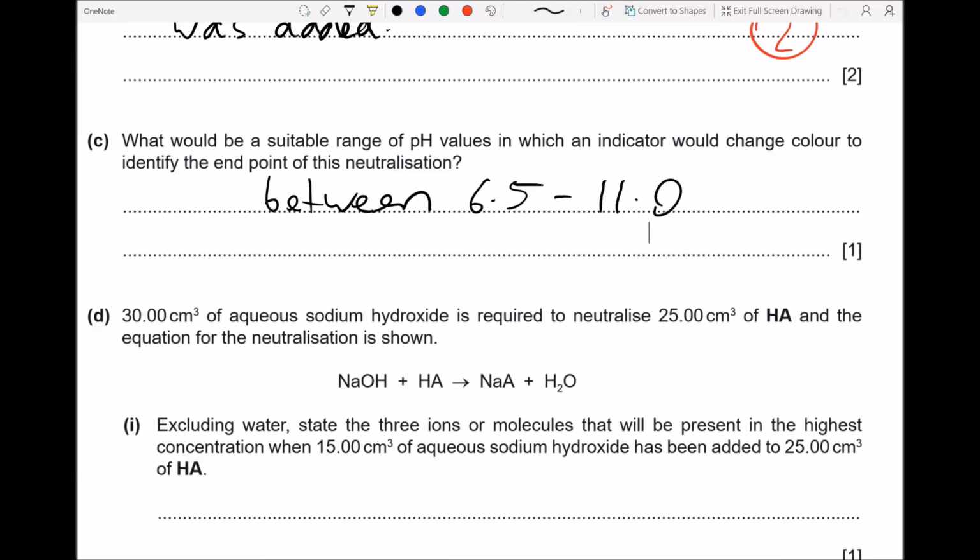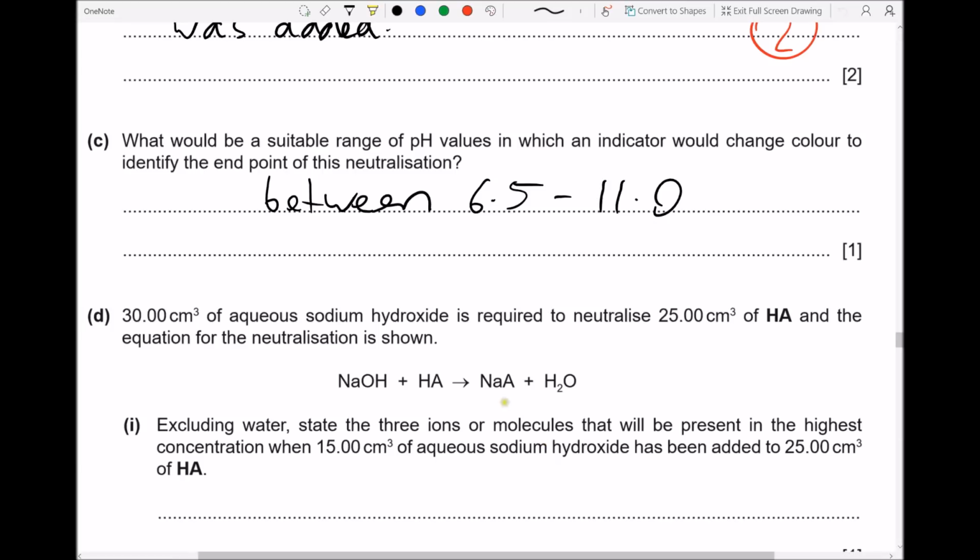You would also have the product salt as well, and because half of your acid has reacted, it will react to form the salt, and the salt dissociates fully to form its ions. So we'll have the ions of the salt that was formed as well. Again, we'll have equal amounts of the salt as we do the acid. So the salt is going to be the Na plus and A minus, because we don't know what the A is.